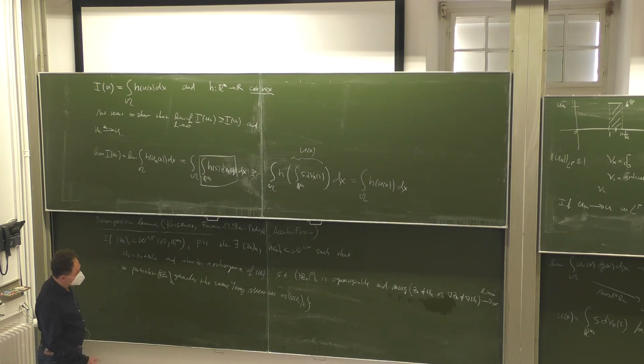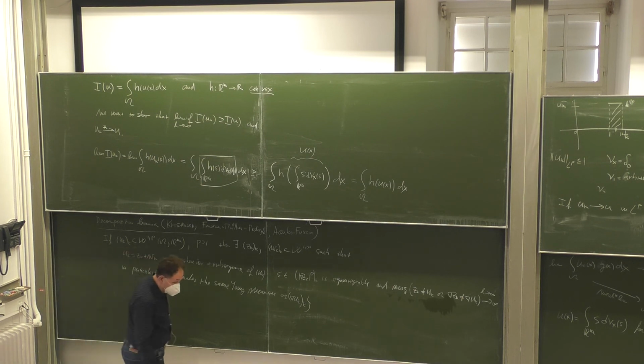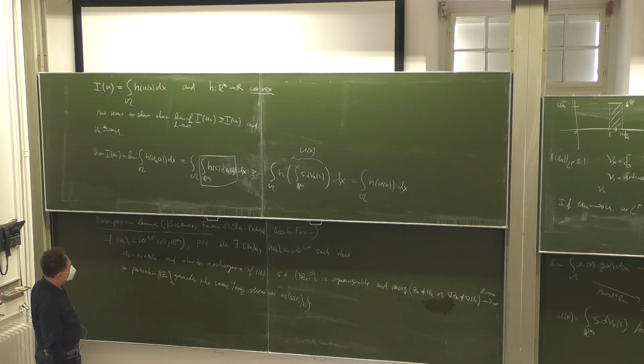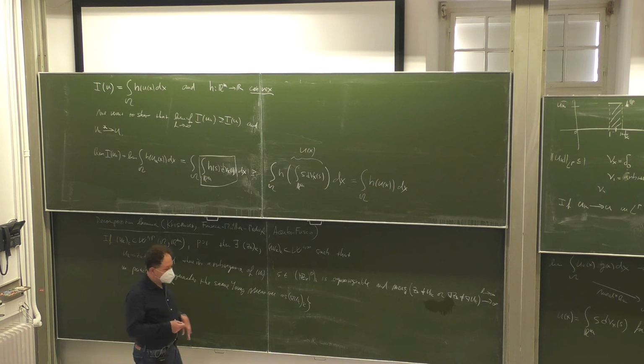So this is the one positive message. And the second message is that there is a characterization of Young measures generated by gradients.